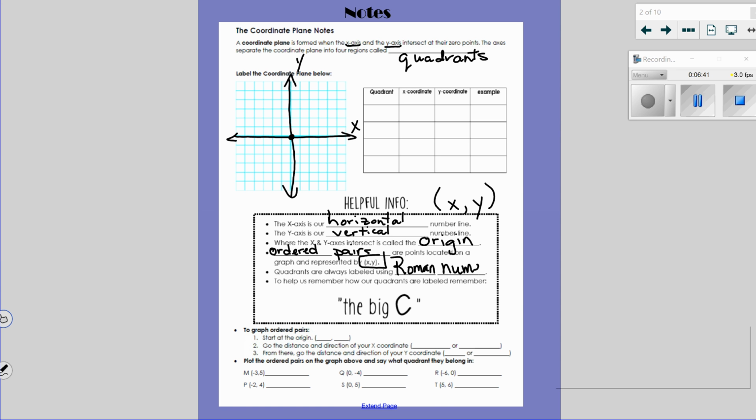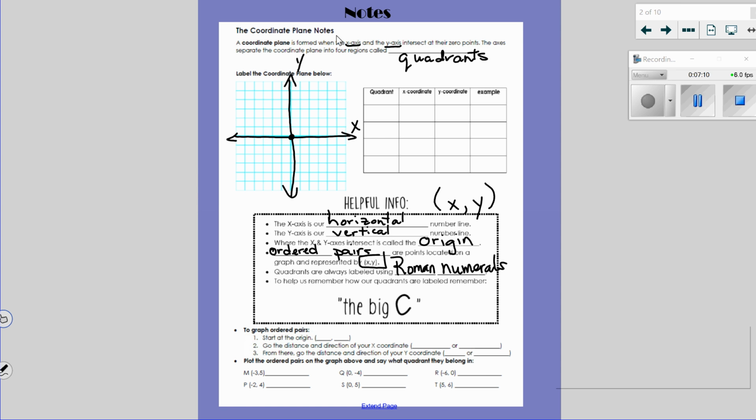However, because she was hungry, when she wrote this, she actually wrote ramen noodles instead of Roman numerals. So I will forever associate ramen noodles with Roman numerals in our coordinate plane. You can, but that would be wrong. It's actually Roman.